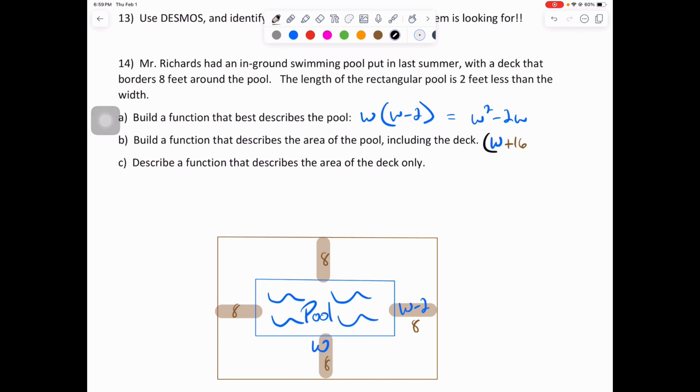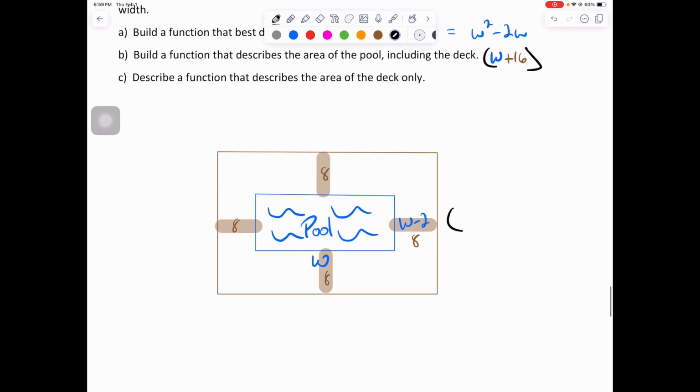Now for this one, we have W minus 2. So I'm just going to do it off to the side because you will have to combine like terms. It's very quick and very brief, but I want to make sure you're comfortable. So again, that'll be W minus 2. We're simply taking our original and adding 16 to it.